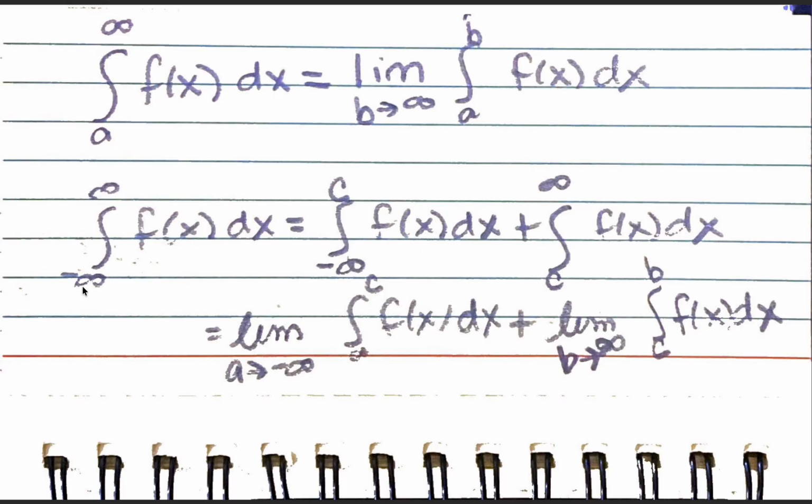Another example will be from negative infinity to infinity as our integral for f of x dx, which will be negative infinity to c plus c to infinity. So notice the difference with the above formula. Rather, we are not replacing it with one variable.